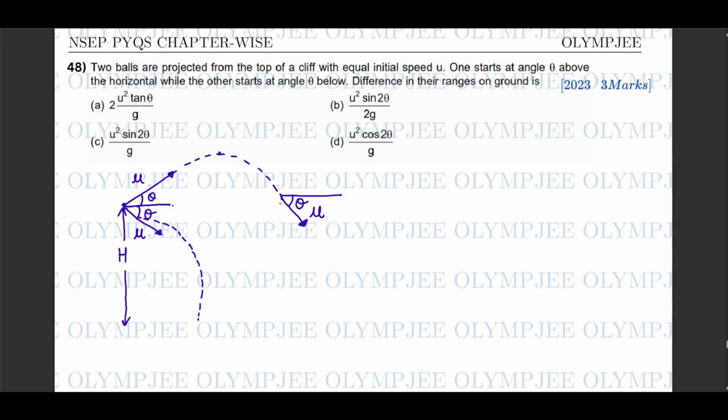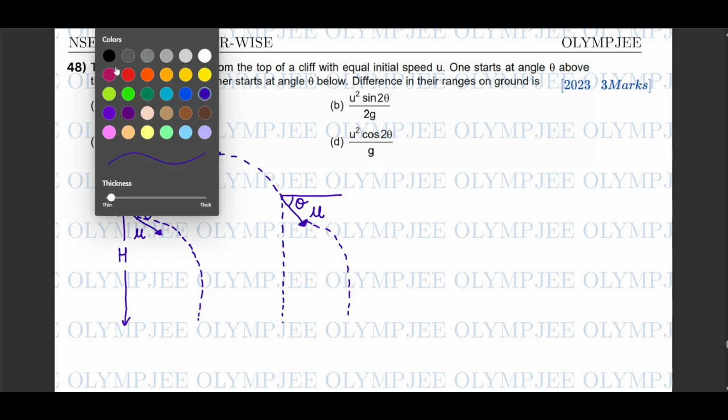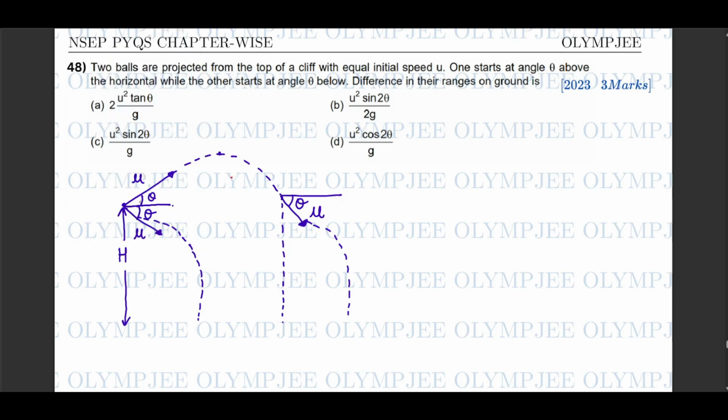So this particle and this particle are moving with the same speed and theta. This will also move like this. If this is the range of the above particle till it comes to the same initial level, and this is x, so this will also be equal to x because both have the same initial speed and theta.